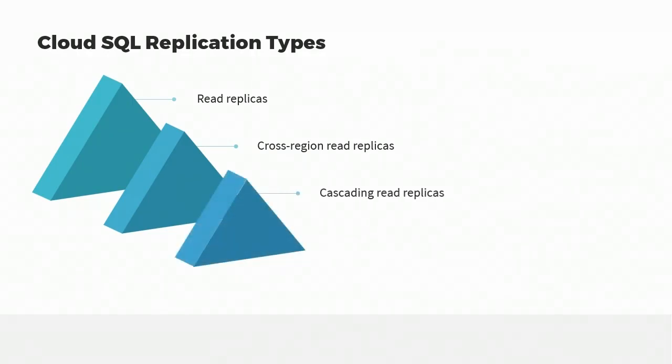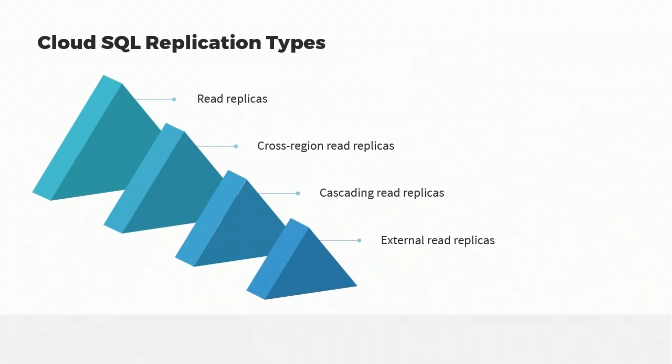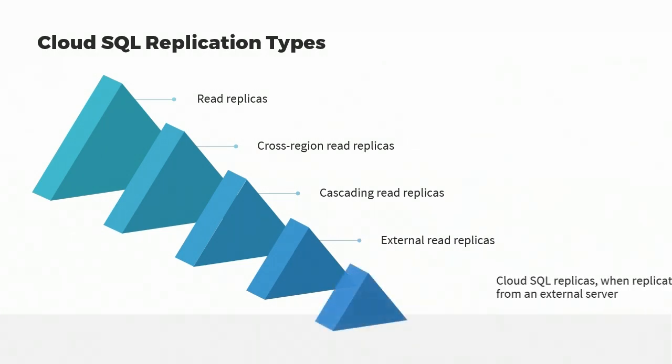I can also have cascading read replicas, and I could also look at external read replicas as well, where there's something external to the cloud. And I can have Cloud SQL replicas when replicating from an external server, such as the ones I see on an on-premises database management system.